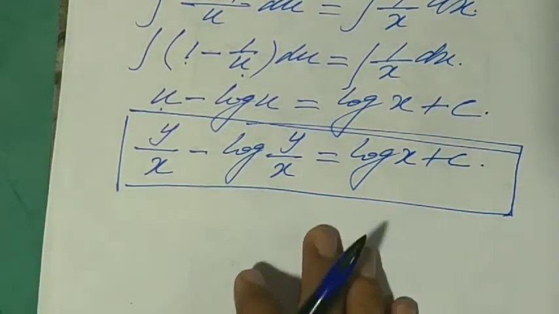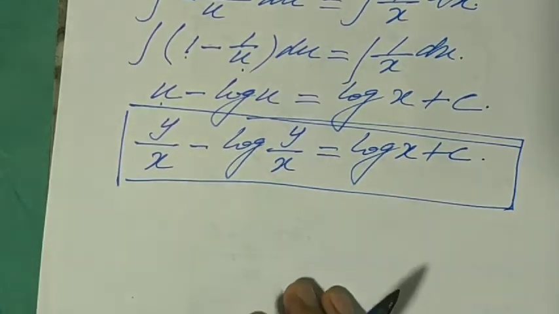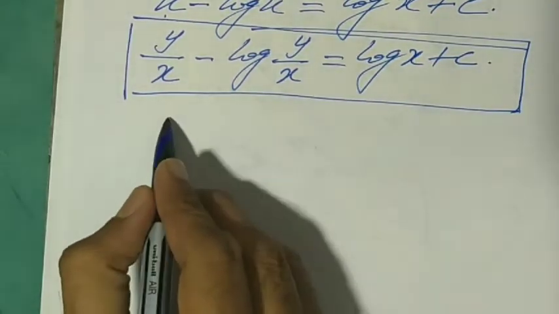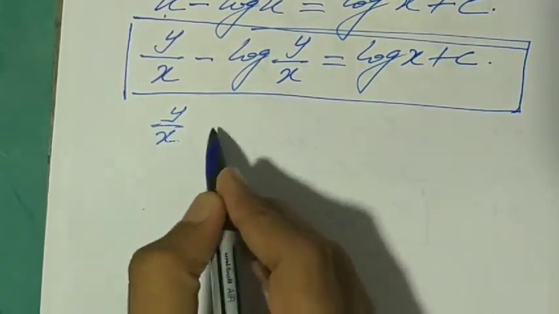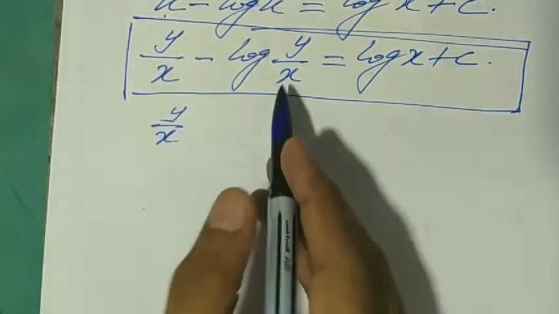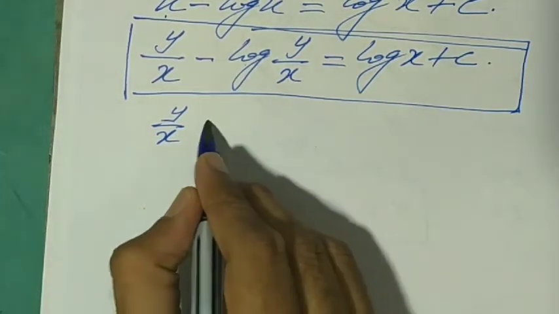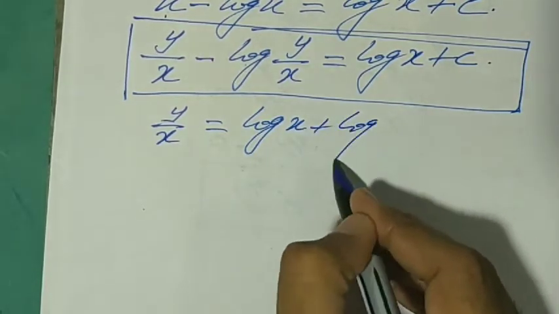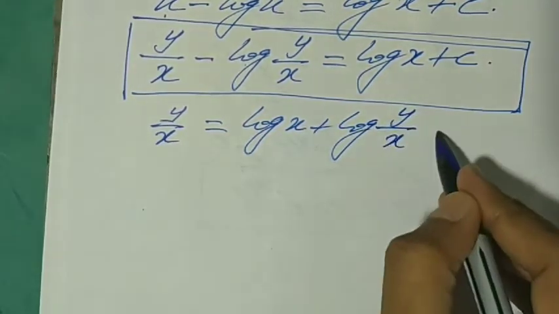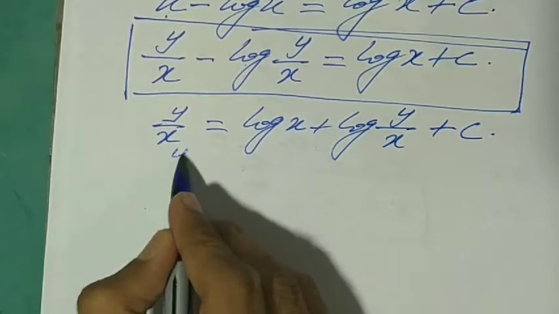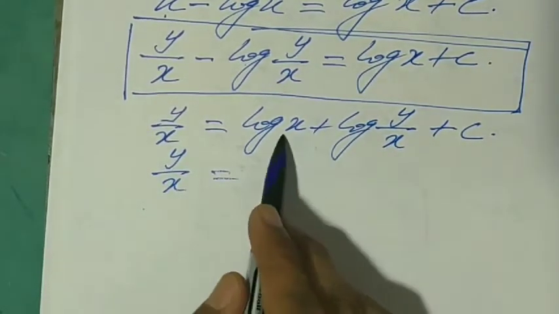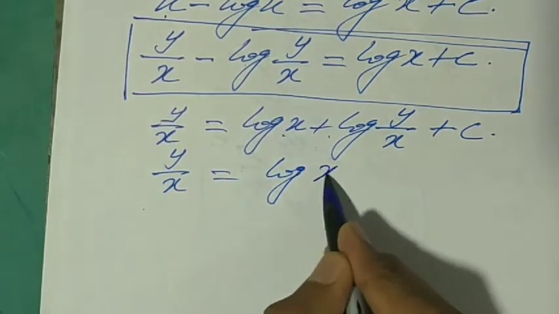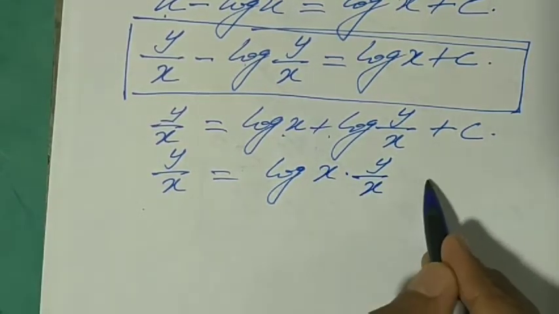Though you may write this answer in different forms by basic simplification. As y upon x is kept on the left hand side, if you transpose this term to the right hand side it becomes log x plus log y upon x plus c, and log m plus log n is log m into n, so you may write it as log of x into y upon x, plus c.